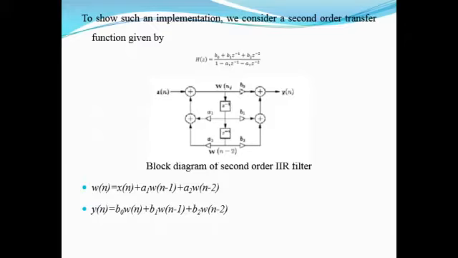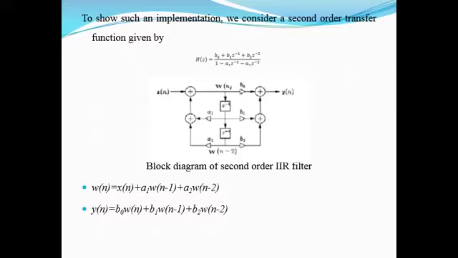Because this is a second order filter, it ends with z power minus 2. This is divided by the denominator, 1 minus a1 z power minus 1 minus a2 z power minus 2. These are the coefficients of the IIR filter.